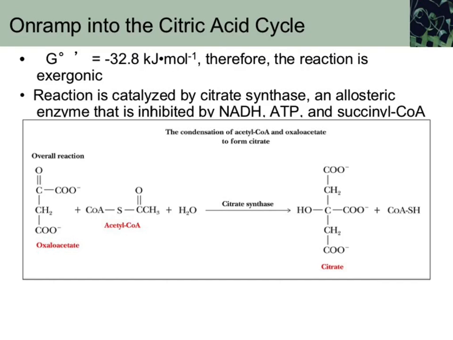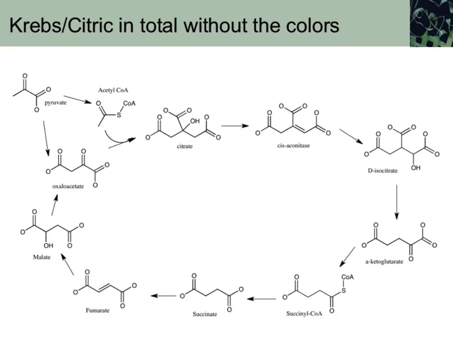But neither was NADH or ATP. If we go back and look at our reaction, succinyl-CoA is further through the chain. If we go through, citrate turns into D-isocitrate. Okay. Does that produce any energy? No. Isocitrate to alpha-ketoglutarate.